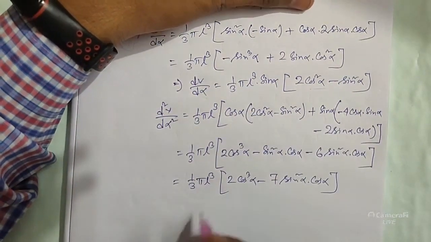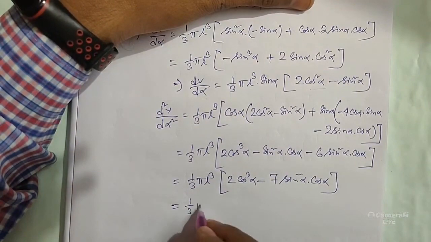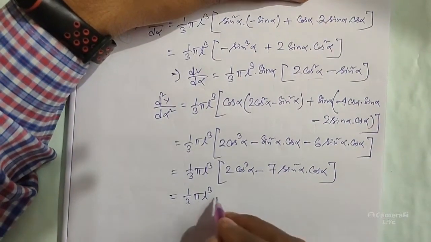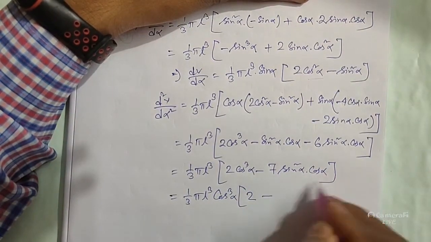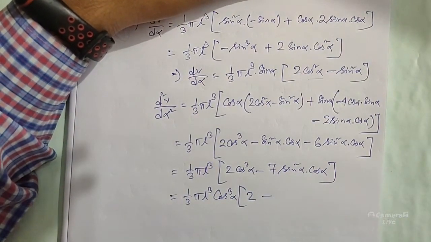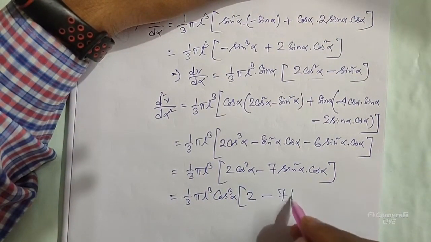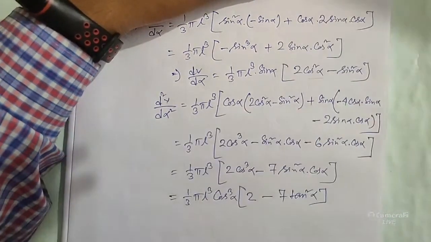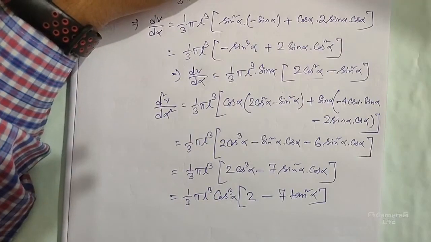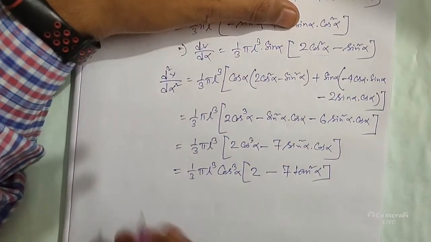Cos cube alpha if we take common, 1/3 pi L cube cos cube alpha into 2 minus 7 tan square alpha. This is the value of d2V by d alpha 2.